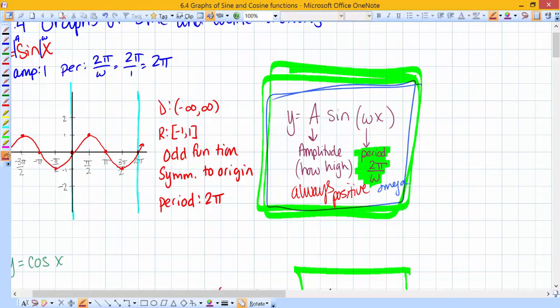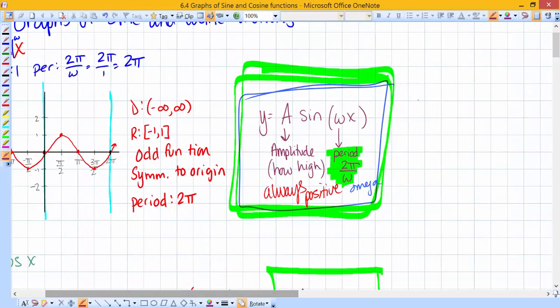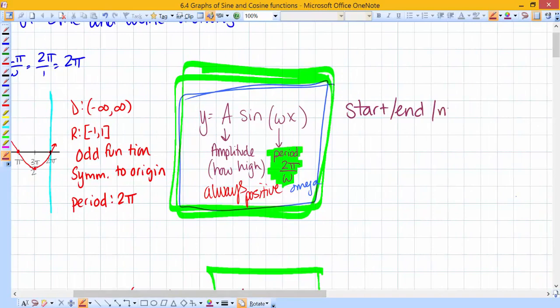Your x-intercepts occur, so your zeros are at the beginning of the cycle, the end of the cycle, and in the middle. So I'm going to start, I'm going to end, and I am going to have a middle at 0. Super, super important.